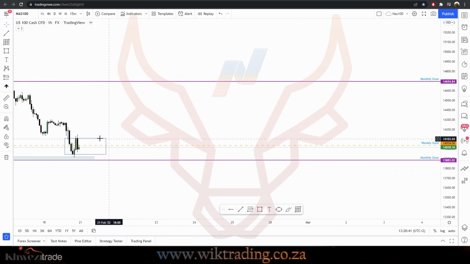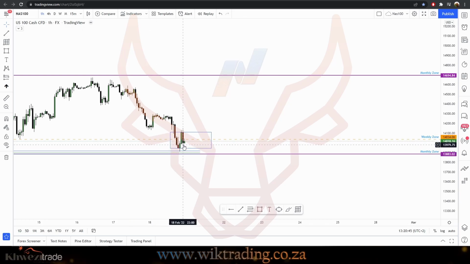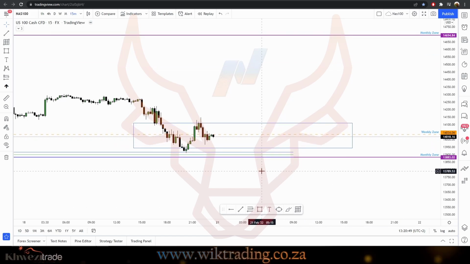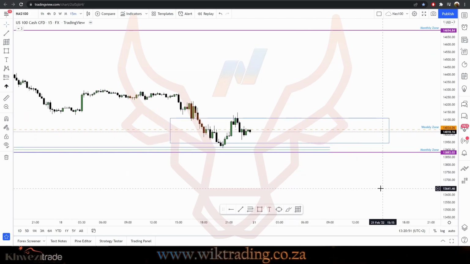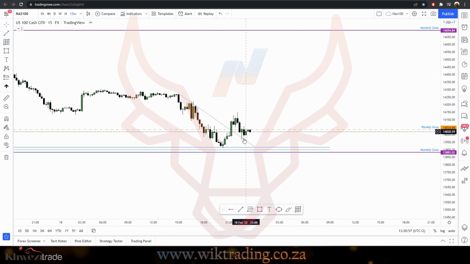So I would like to see the market either catch adequate support at this order block here, start forming lower time frame ABCD patterns like on the 15 minutes, maybe on the 1 hour, and then start looking for buys. As you can see, the 15 minutes already started to break out of a trend here, retest the trend, and see if the market wants to actually continue back up.